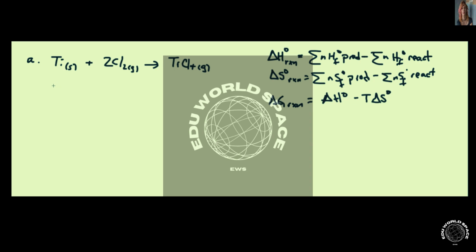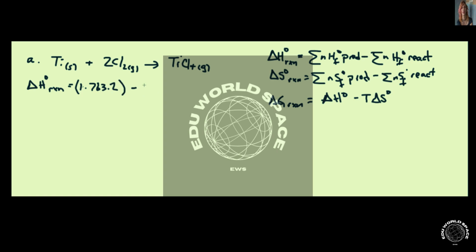Elements in their natural states have enthalpies of formation equal to 0, but their entropies will not be 0. But we can look up via a table of values each of the entropies of formation for these. So for the titanium tetrachloride, we have 1 mole times our value of negative 763.2 kilojoules per mole, but that's our only product.